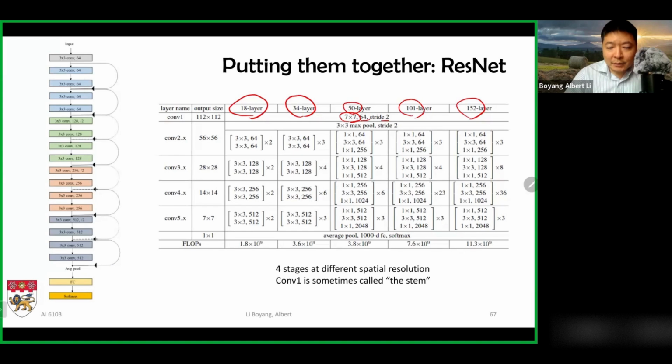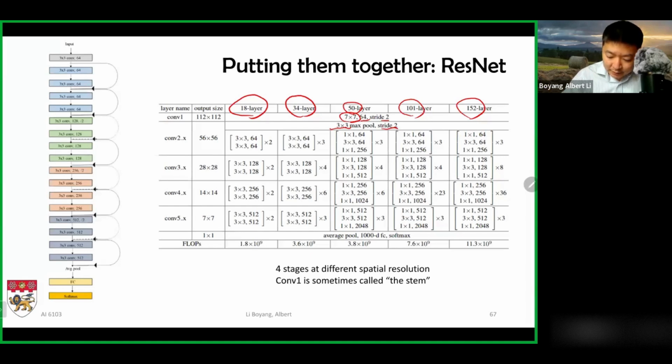After that, we have a max pooling operation that has a 3x3 kernel and stride 2. So this halves the spatial resolution once again, or really halves the height and the width, respectively, which results in 1/4 of the original spatial resolution. Okay. After that, there is a number of convolutional stages.